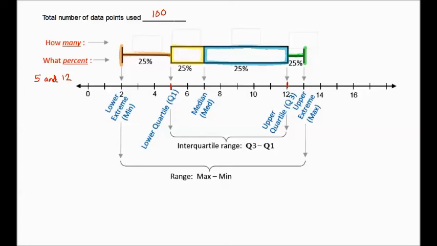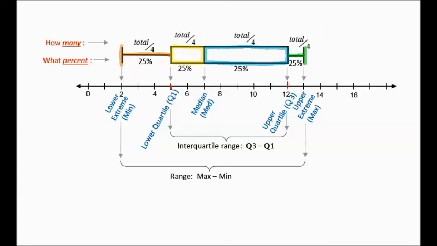You will need to remember that each section of the drawing represents that total divided by 4, and divide the total into 4 equal parts. So for this particular example, each part will represent 25 data points. 100 divided by 4 is 25. And so how many data points between 5 and 12? That's 25 two times, so that would be 50 data points.